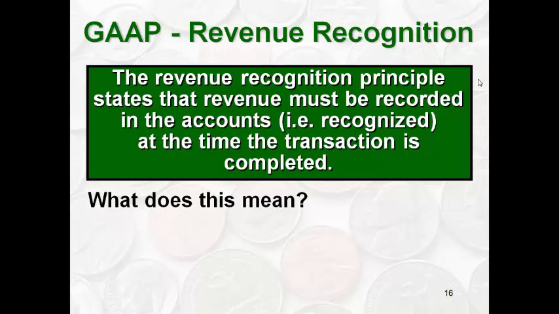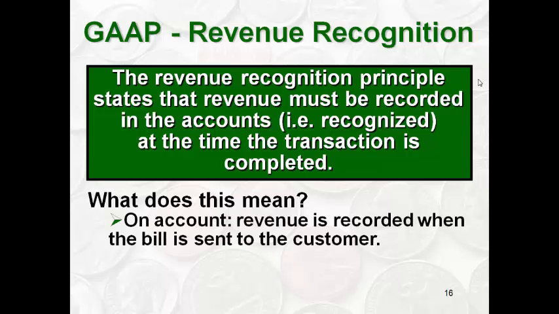So what does this mean? On account, revenue is recorded when the bill is sent to the customer. So if a customer orders something from us and they're going to pay for it later, when we send that bill off, that's when we record the sale or the revenue.